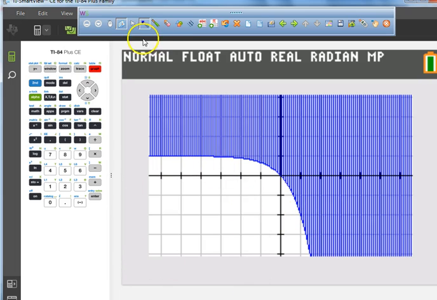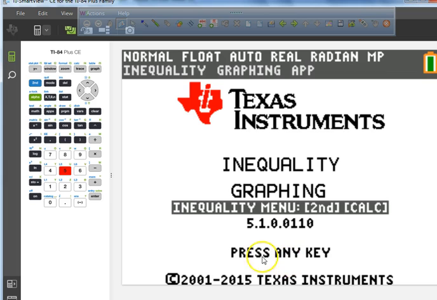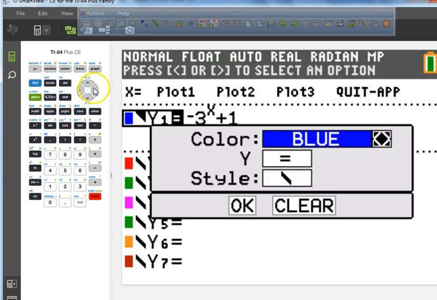Now, there is an inequality app that you could use. All right? So if I use apps and I go to inequality, number 5, it equals, press enter. Then what I can do is I'm going to go back over here. I'm going to change this to not equals, but oh, look at that, greater than.